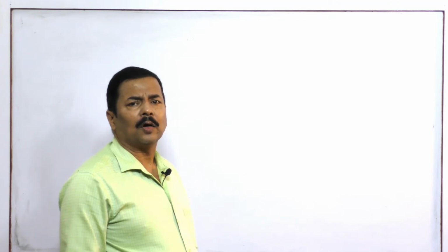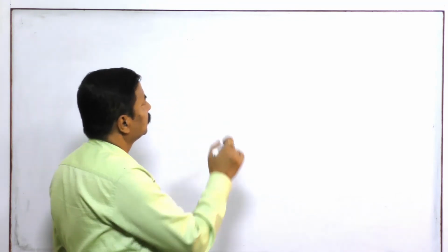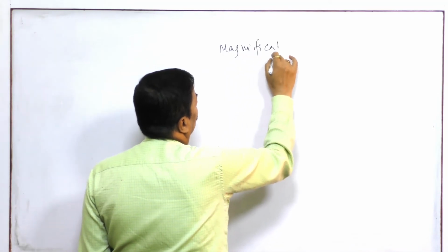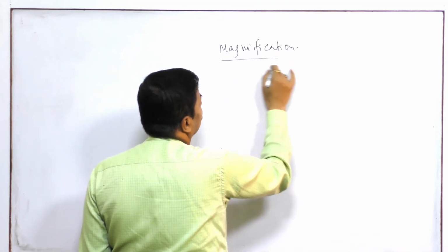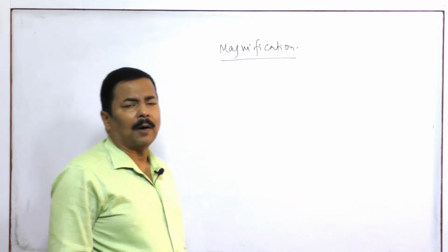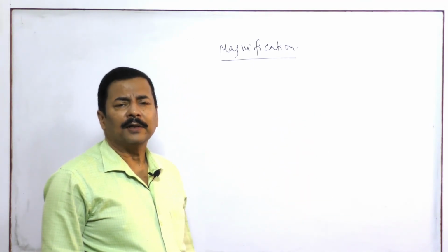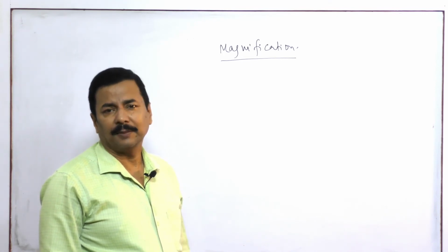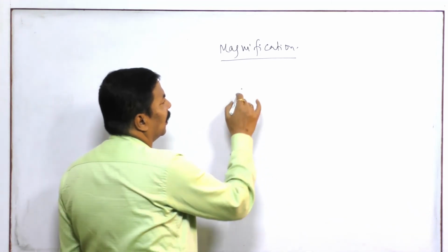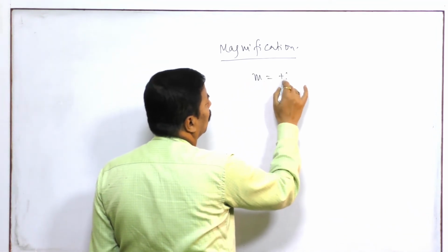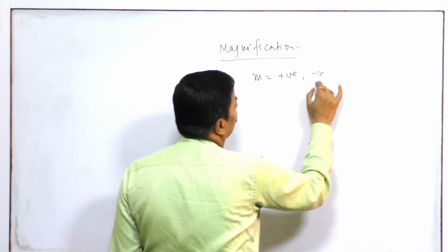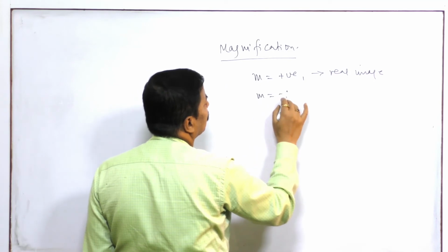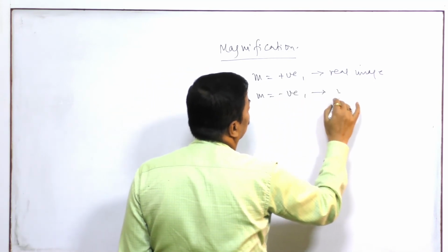Now we will talk about the magnification. Magnification is basically about the image, whether the image is bigger than the object, smaller than the object, or the same size as the object. If magnification is positive, it means a real image. If magnification is negative, it means a virtual image.